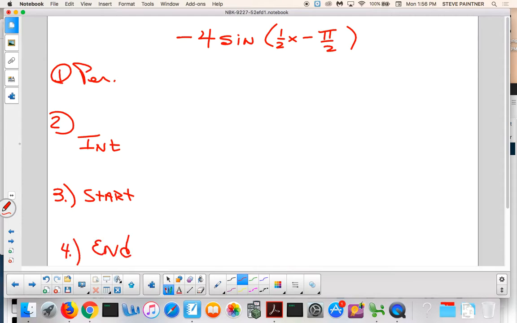There are 2 more things to find, and they are amplitude and whether there is a shift up or down going on.